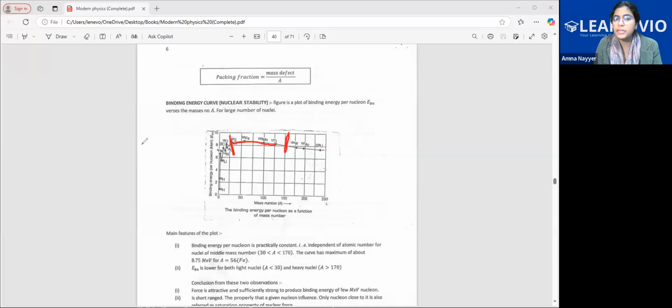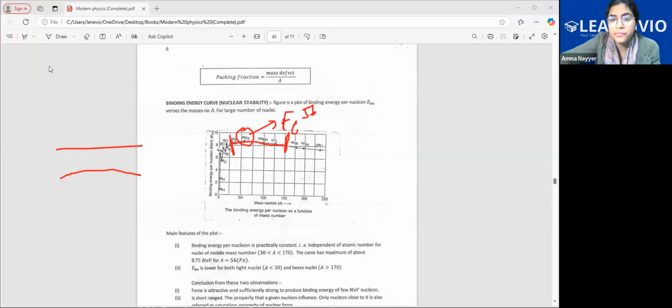See, it's not completely a straight line, but almost it is constant. And the second important point is that the peak is observed at iron 56. The graph will come as it is. Write the graph and write whatever points are mentioned below it. That's it, that is what is important.